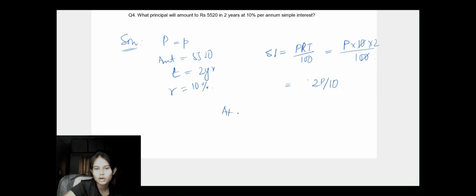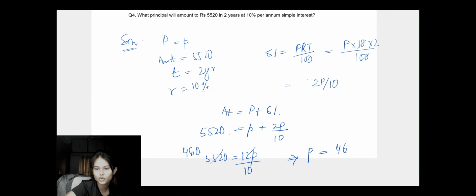Now amount is principal plus SI. So principal is P and SI is 2P by 10 and amount is given as 5520. So from here we can extract this: 5520 equals 12P divided by 10. So that will amount to, principal is 4600 rupees.